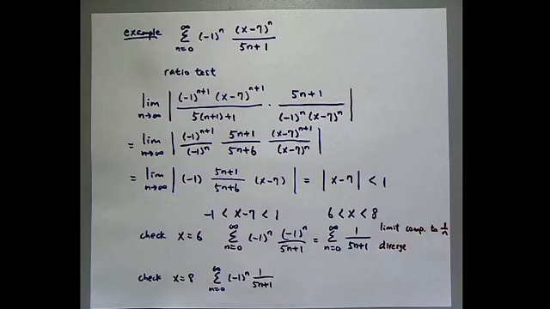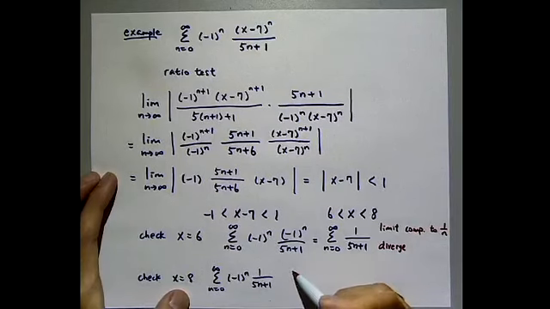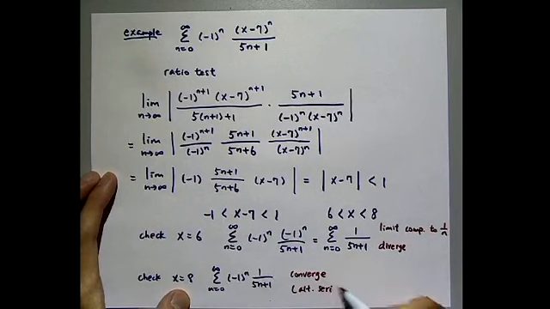Same question now, does it converge? Yep, another alternating series. The two things that it has to pass are goes to 0 and decreasing, and both are satisfied. So this will converge by the alternating series test.